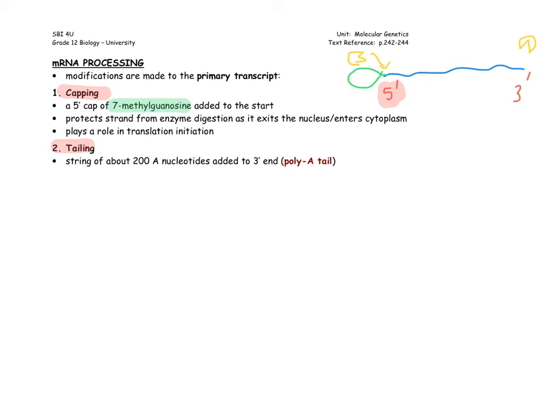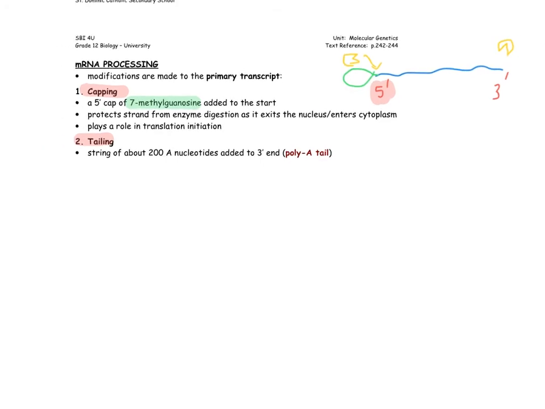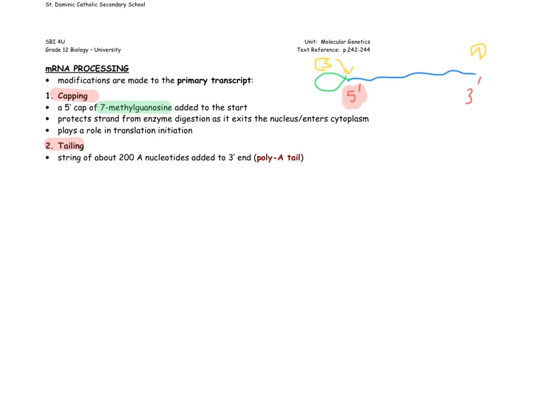Just imagine at the end here, let me see if I can make this a little bit, there we go. I would have a bunch of adenine nucleotides all at the end here, and that is referred to as a polyadenine tail. It has a very similar function to the cap in terms of preventing the tail end of that mRNA strand from being digested.